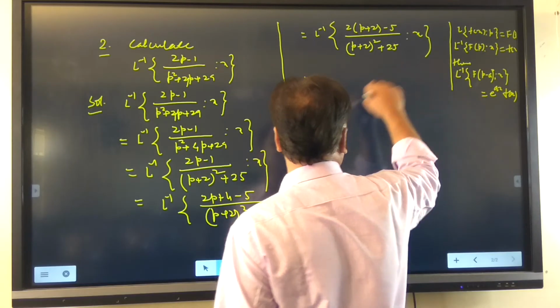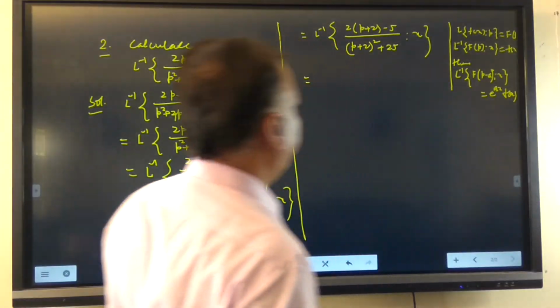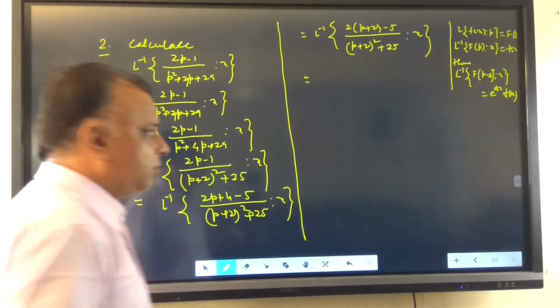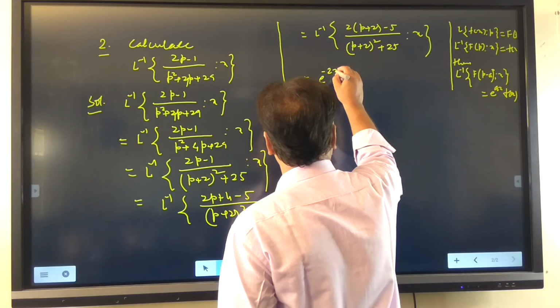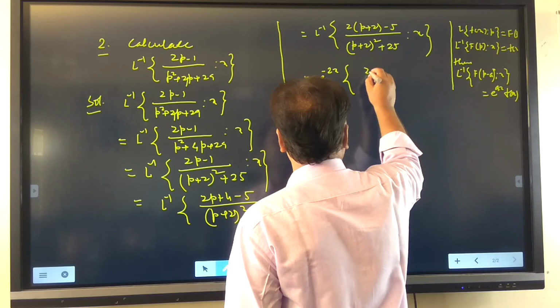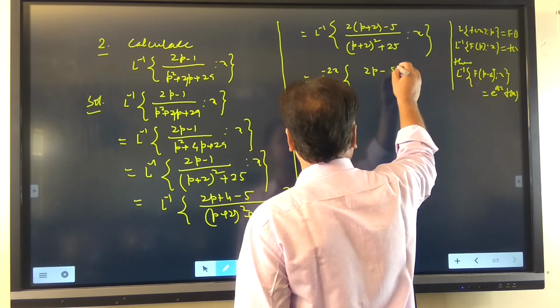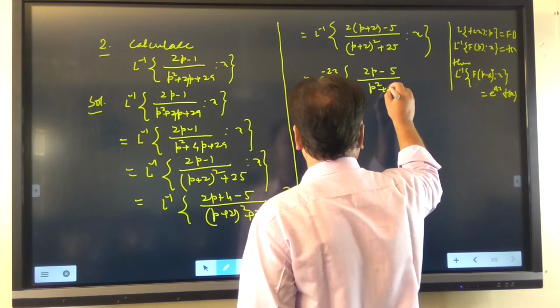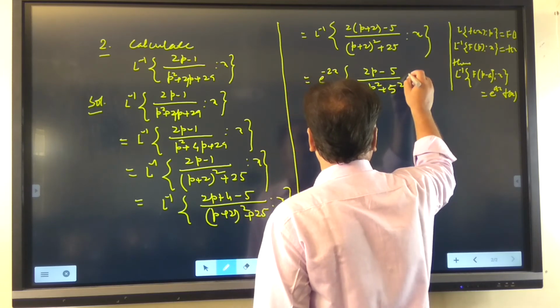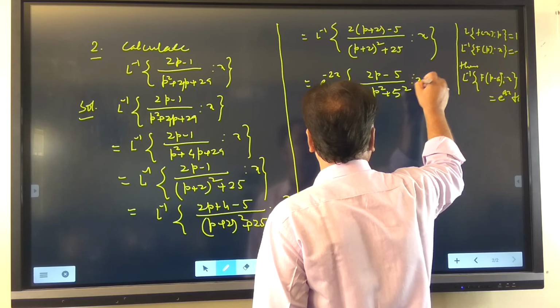If we use this first shifting property, then the inverse Laplace transformation of this problem equals e raised to ax, where here a equals minus 2. So this is e raised to minus 2x times the inverse Laplace transformation of (2p minus 5) upon (p square plus 25), that is 5 square, with respect to x.